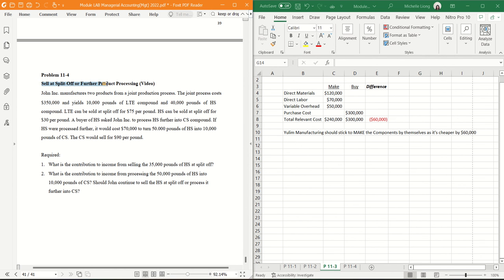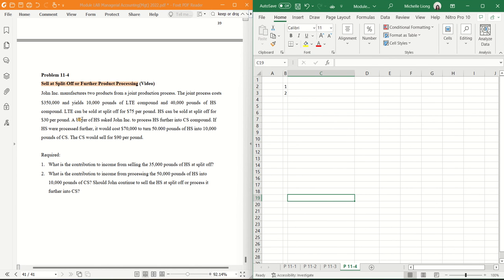This is for sell at split off or further product processing. So should we sell it at split off, or should we process the product further than that? So the first one is we need to see John Inc. They manufacture two products from a joint production process.